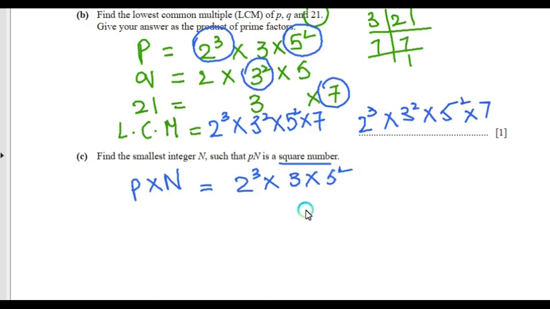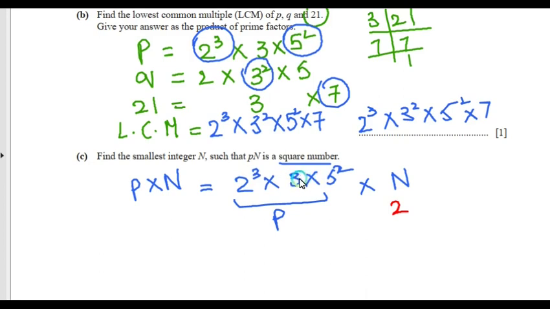So this is p multiplied by n. To make this whole number a square number, the powers should be even so that the square roots can be taken. This 2 has an odd power, so n should have a 2, so that it multiplies with 2 cubed and becomes 2 raised to power 4.